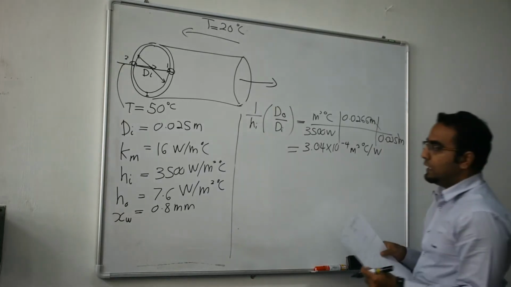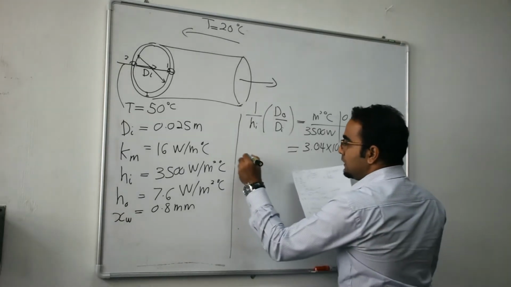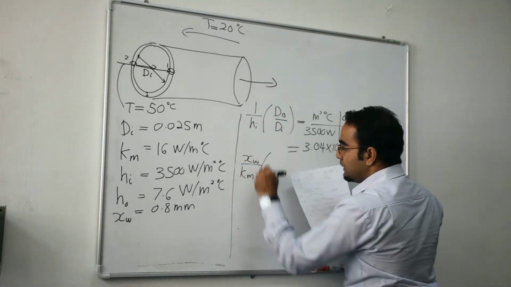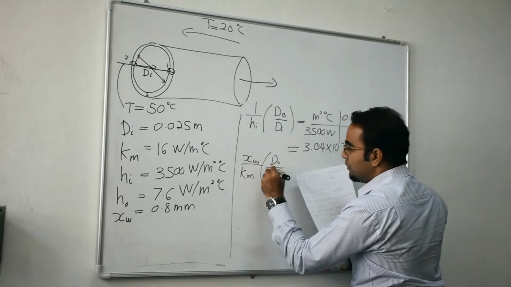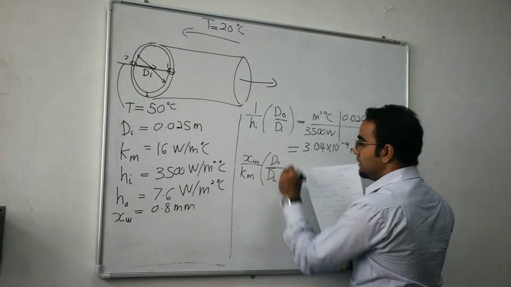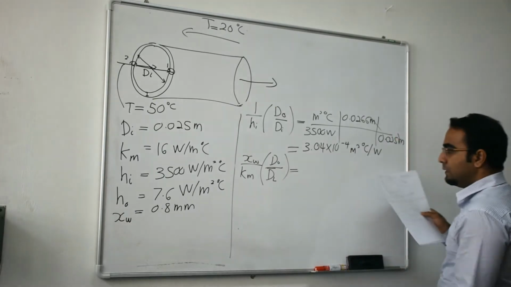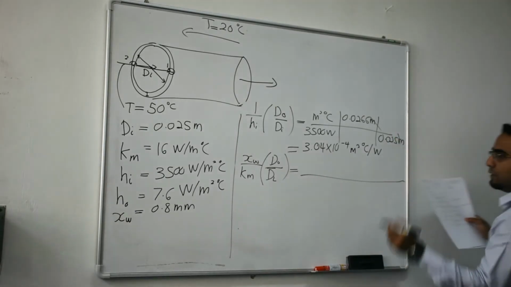So we do the same thing for the second term, which is XW over KM times DO over DL. This is the equation, these are all the terms.